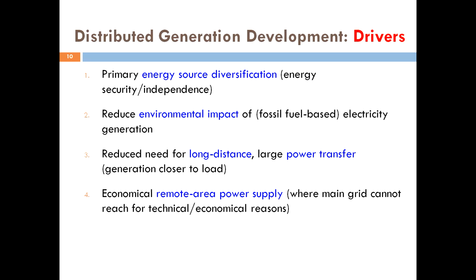Then also the need to be able to supply electrical energy to remote areas where the main grid cannot reach for technical or economic reasons, and the need for generation flexibility in terms of the location, the size, as well as the operation.